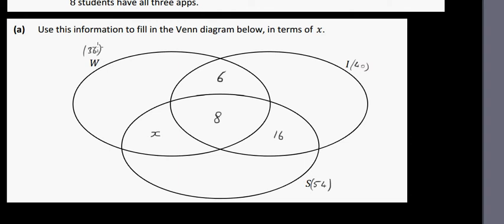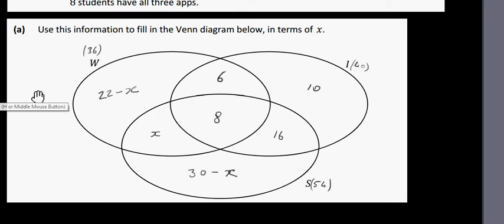So what you get there is 36 minus 6 minus 8 minus X. That will give me 22 minus X. Here if we add up 6, 8 and 16 and subtract from 40, we'll get 10. Here if we take 54 minus 16 minus 8 minus X, that will give me 30 minus x. Okay, so that's it. This is our Venn diagram filled in terms of x.